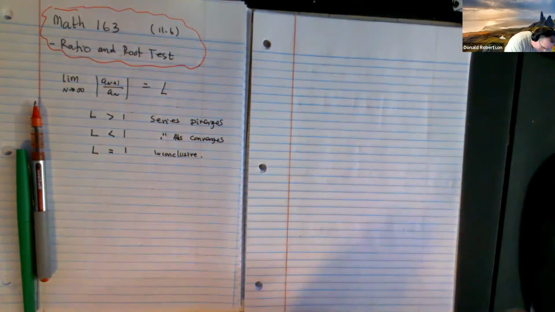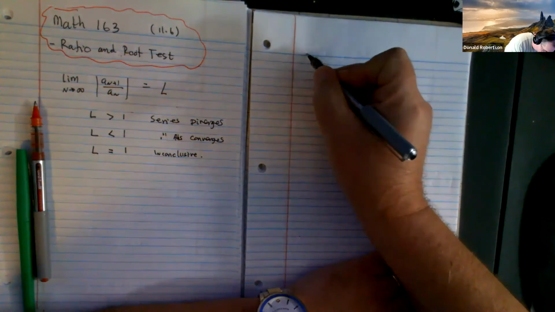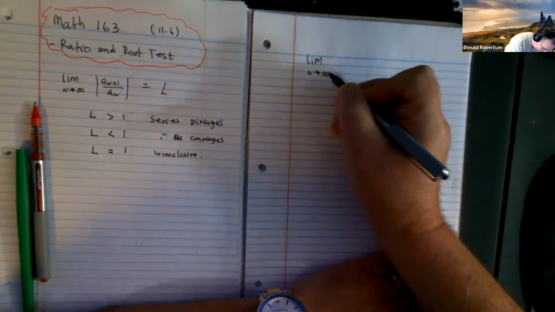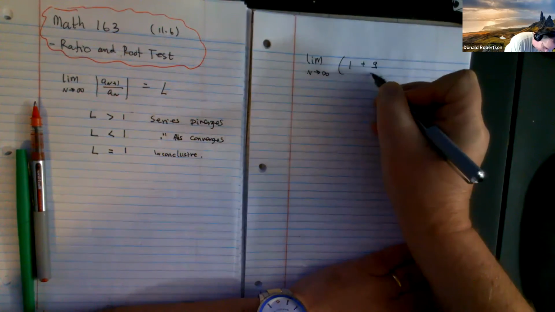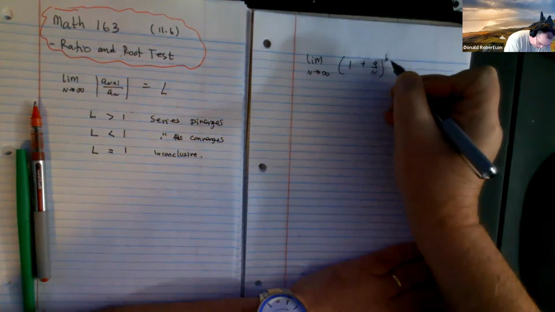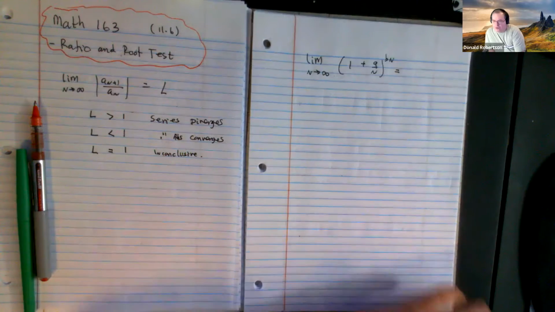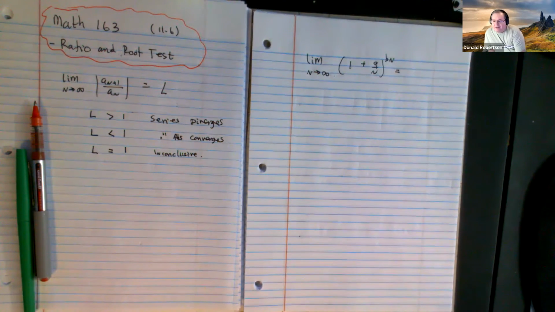Right. I need to remind you of something before we do the next question. There was a truism. There was something I just said, this is true, trust me. Can you remember what I told you this is equal to?